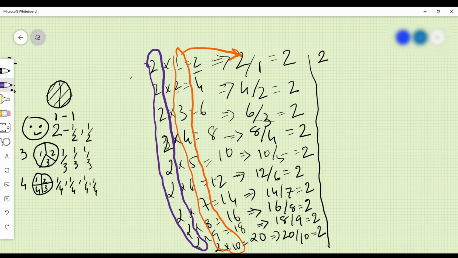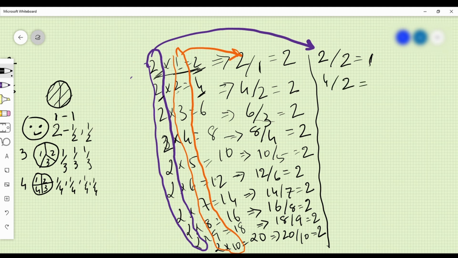I will just mark this one here. So if I divide 2 by 2, I get 1. So if I divide this number by this, I get 1. Now if I divide this number by this number, let's say 4 divided by 2, I get this number 2.